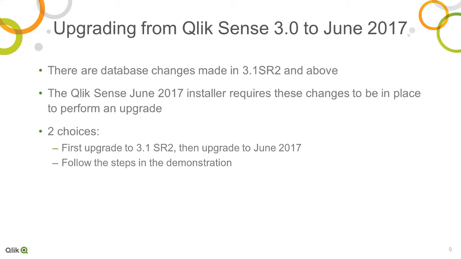And so if you try and run the installer now, it will actually reject you and say you need to either do a separate upgrade to 3.1 SR2 or later, and then do an upgrade, or you'll need to go through the steps that we're going to go through today.